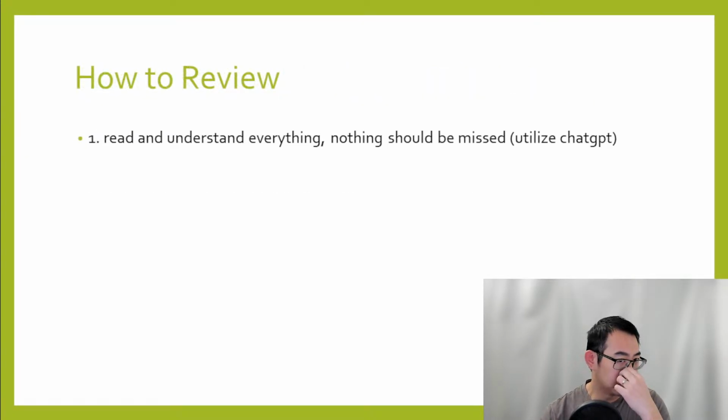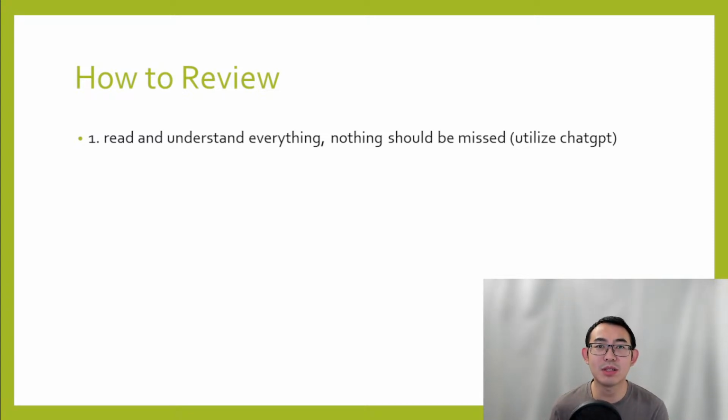Now, in order to achieve that goal, read and understand everything. Nothing should be missed. Every phrase, every sentence, whether you use UWorld or AMBOSS, you need to understand what it actually means. This is usually quite hard and tough for your cognition. It should be. But now there is a little bit of an easy way. Before, I didn't have ChatGPT.